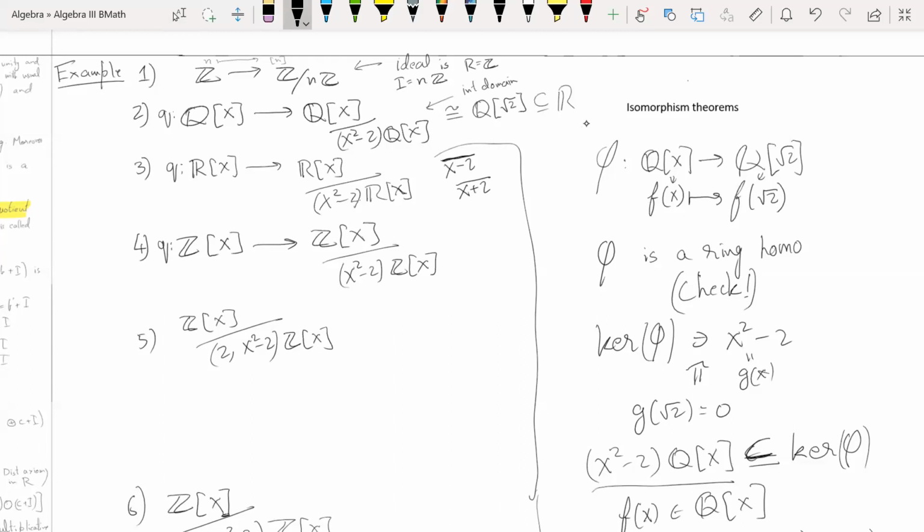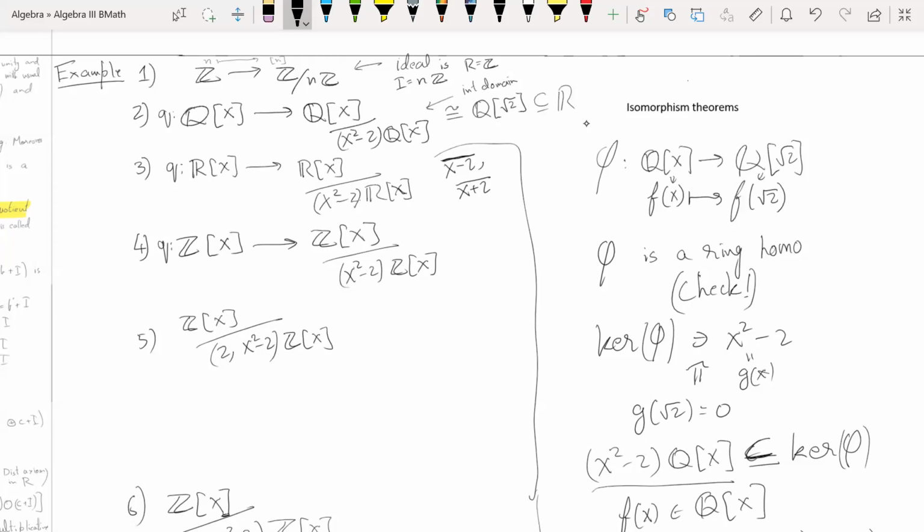They are non-zero elements, because they are not in the ideal: they are polynomials of smaller degree, and every polynomial in the ideal is either 0 or has degree at least 2. But if you multiply them, you will get x squared minus 2, and hence the product of their images is 0.